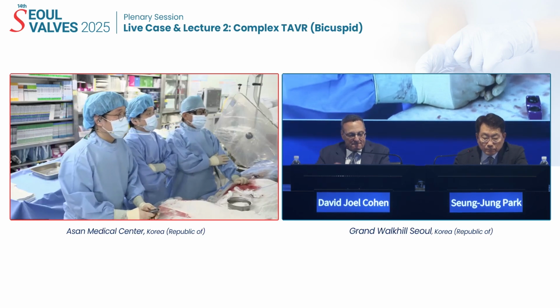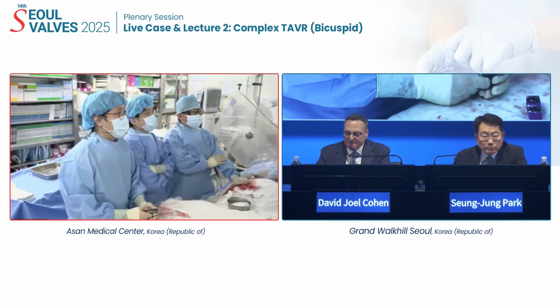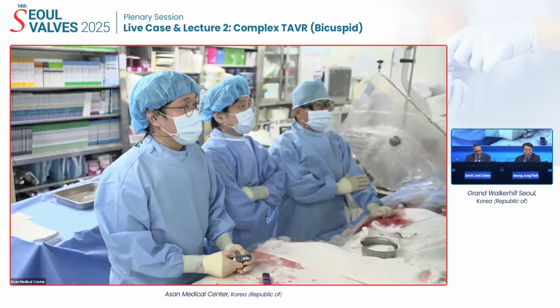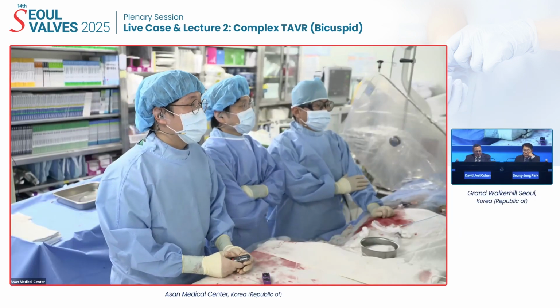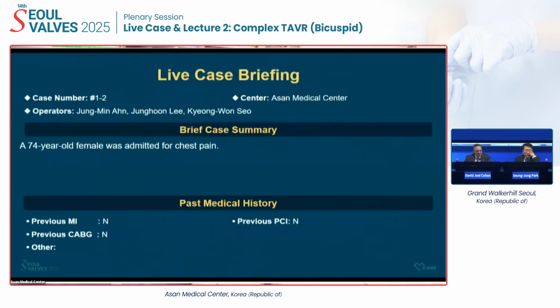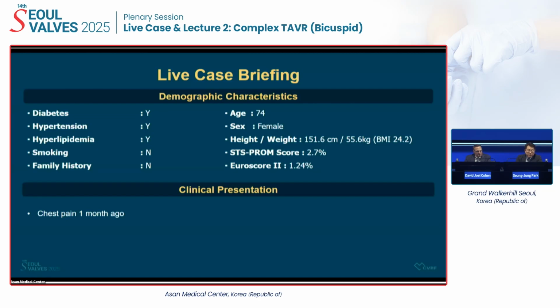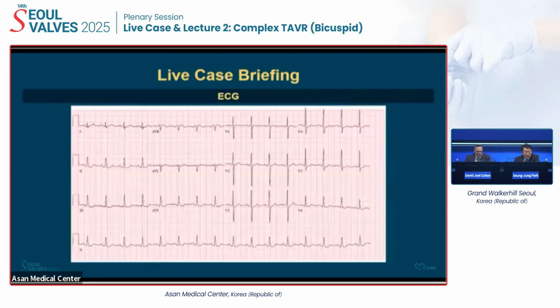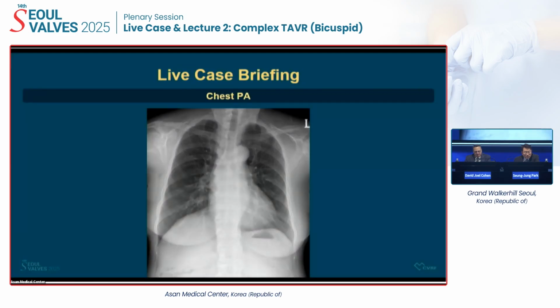I'm Kyung-Won Seo from Asan Medical Center. I'd like to introduce this case. A 74-year-old female was admitted for chest pain and palpitation from 1 month ago. She had a past medical history of diabetes, hypertension, hyperlipidemia, her BMI was 24.2, and her calculated STS score was 2.7%. Electrocardiogram shows sinus rhythm, and chest X-ray shows no significant lesion.